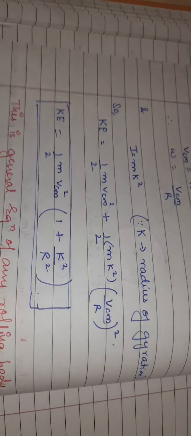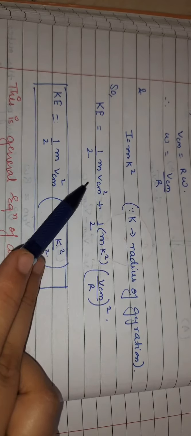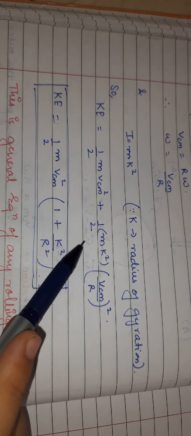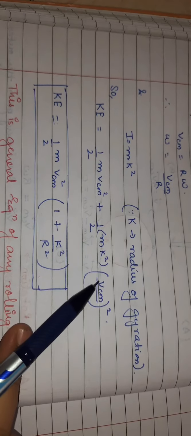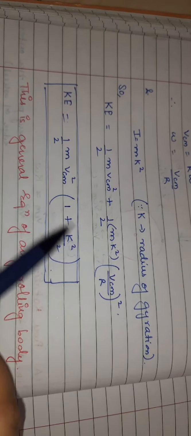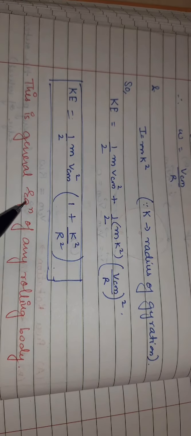After putting all the values in the equation, what is the final simplification we get? Half m vcm square is as it is, and in place of I we put m k square, and in place of omega we put vcm upon r, squared. So ultimately after solving we get the kinetic energy of the full system which is moving in a rolling way.